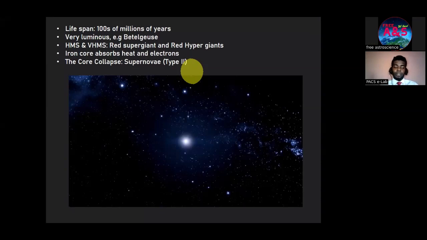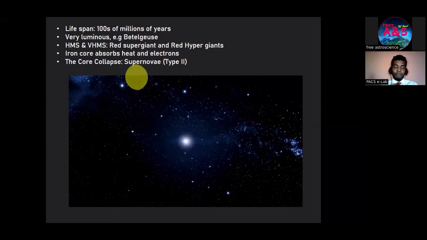It can be 200 million years, 300 million years. They are very luminous. So we have high mass stars and very high mass stars. The high mass stars are going to become red supergiants, while the very high mass stars are going to become red hypergiants.